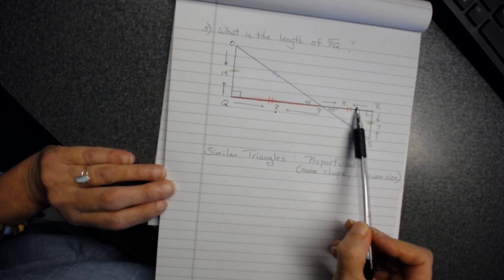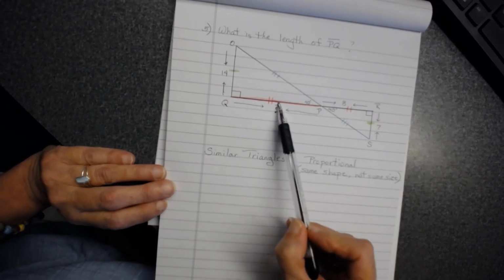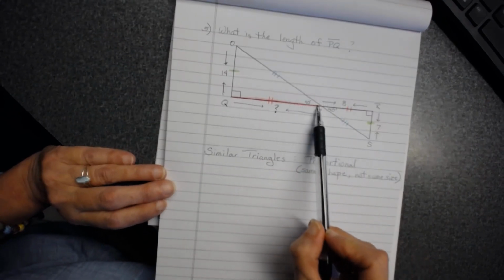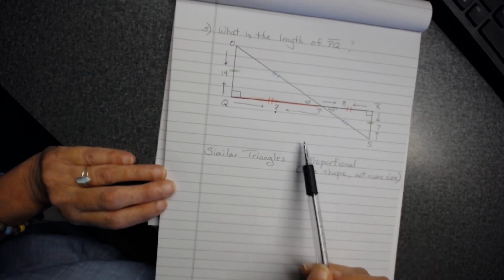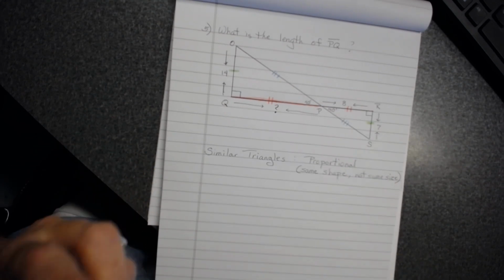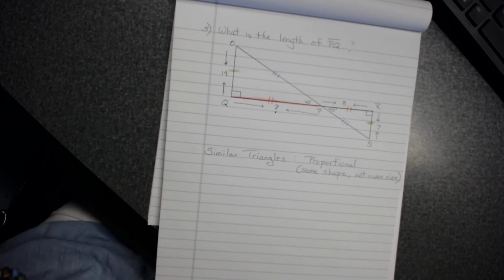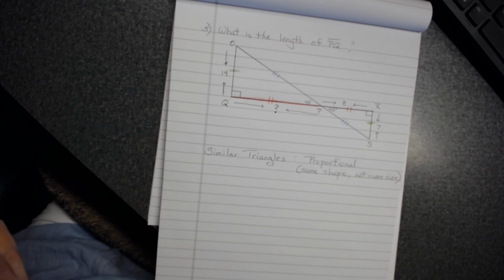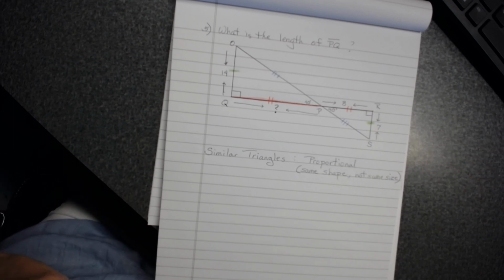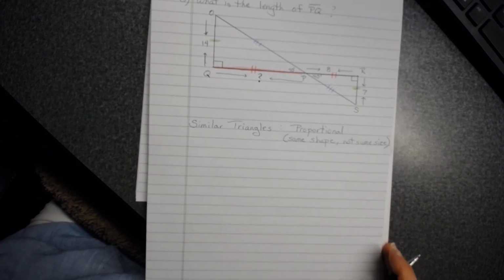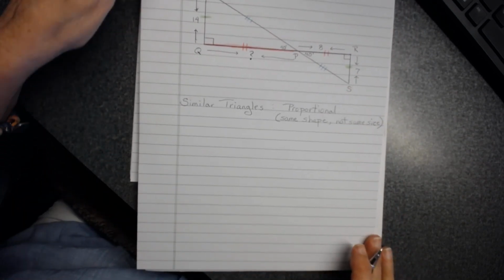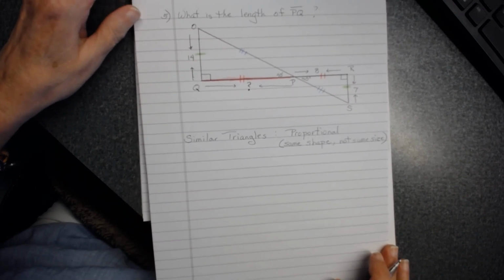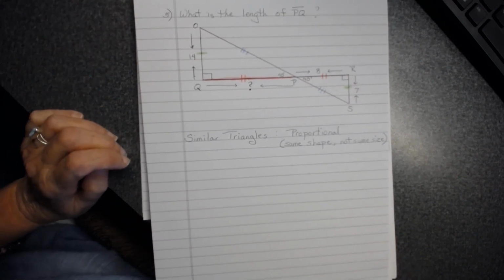And these two are proportional to one another, QP and PR. So we can set up a proportion. This is to this as that is to that, okay? Proportions are wonderful ways to solve many, many questions.